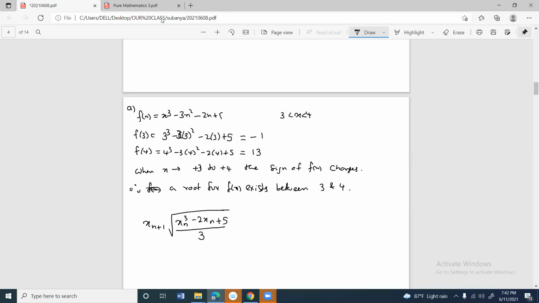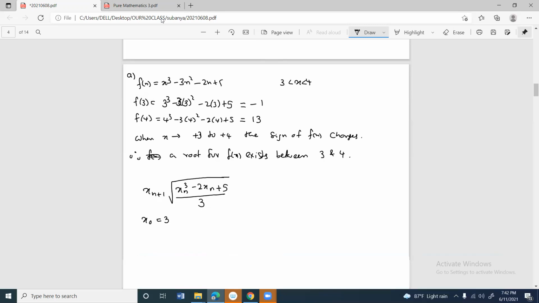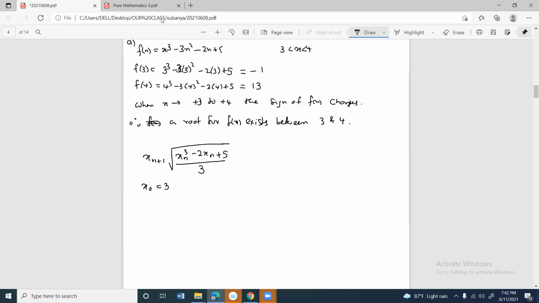They ask us to start from x naught equals 3. And in the second part of the question, they ask us to start with x naught equals 4. Now let's see. In the previous question, it didn't make a difference because from both boundaries you get a converging answer to a certain value.